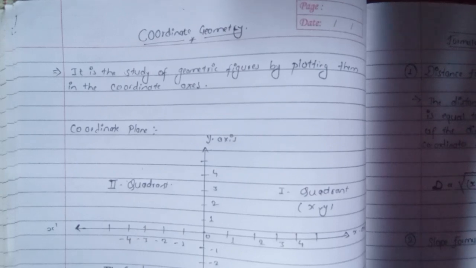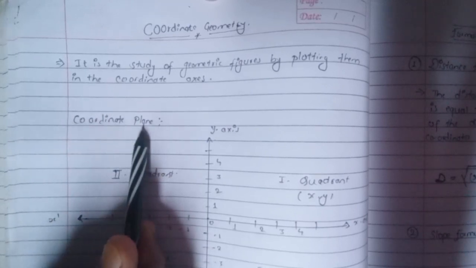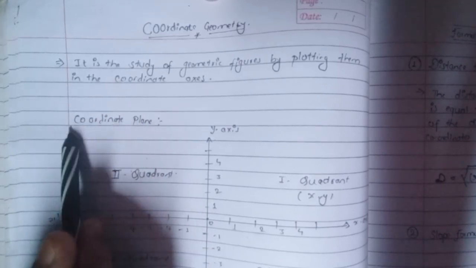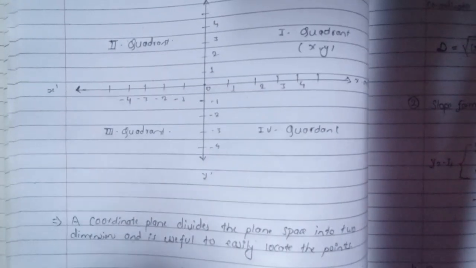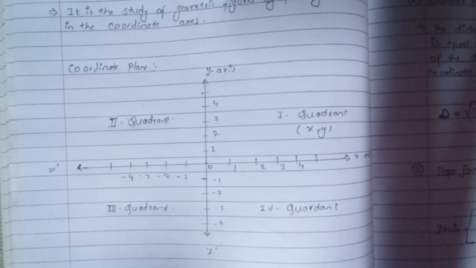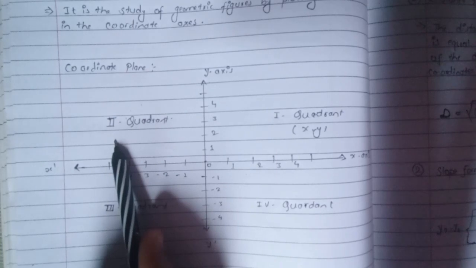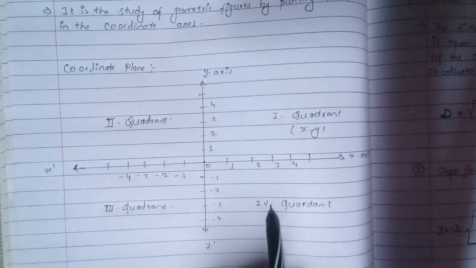Let's shift on to another topic: coordinate planes. So what is a coordinate plane? This is the figure of a coordinate plane. This is the first quadrant, this is the second quadrant, this is the third, and this is the fourth.